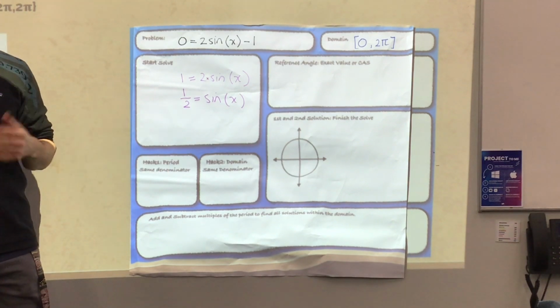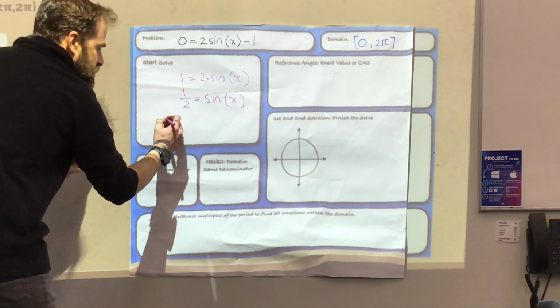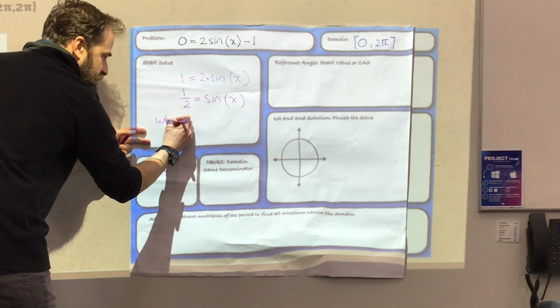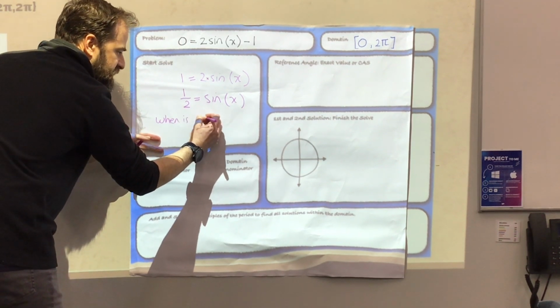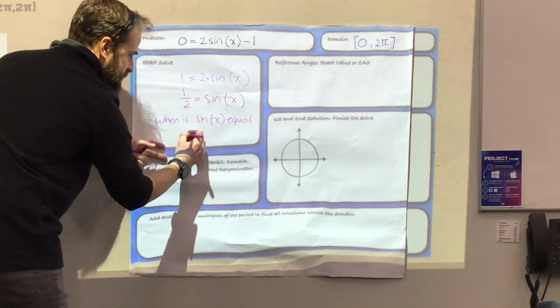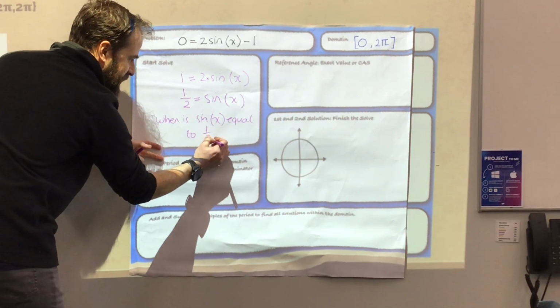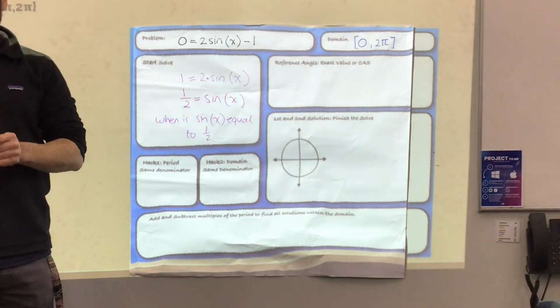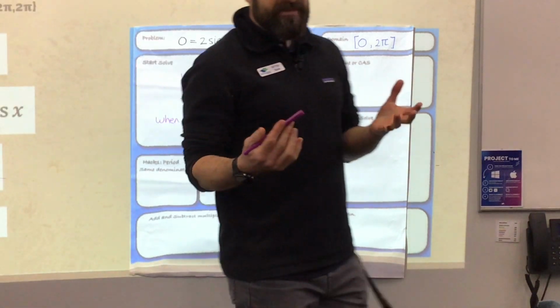Okay, so when is sine of x equal to 1/2? All right, so to get that, we're going to go straight to our exact values table.